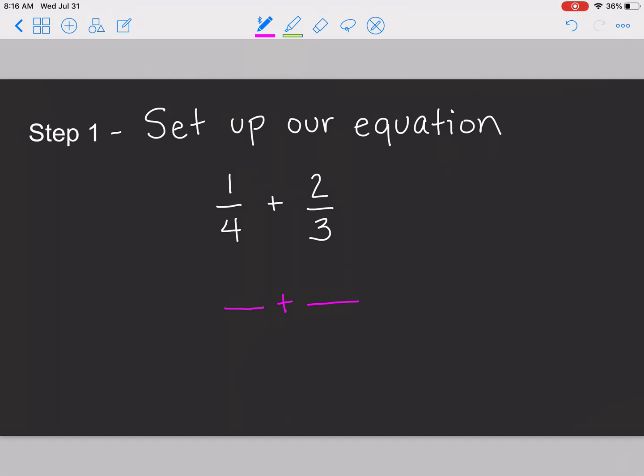But once we find those, whatever is equivalent to 1/4 is going to go here. Whatever fraction we find that is equivalent to 2/3 but has the same denominator as the 1/4 equivalent fraction will go here. So these will be where our equivalent fractions will go.